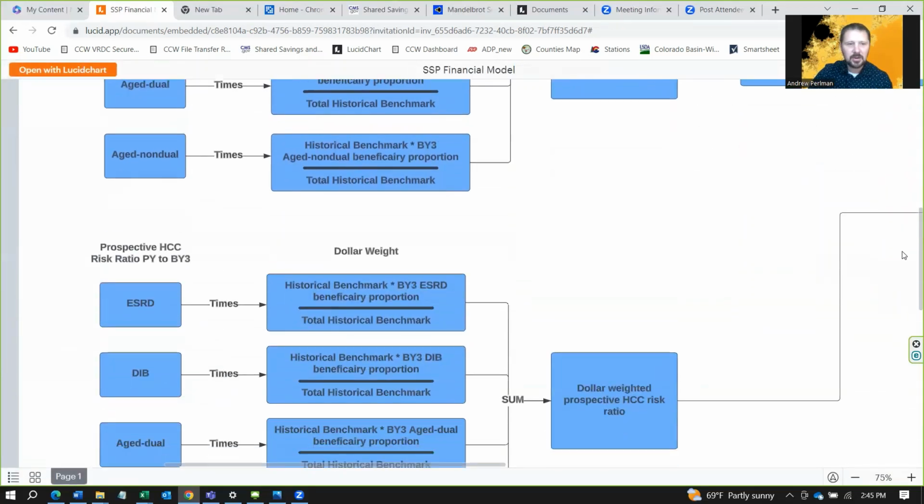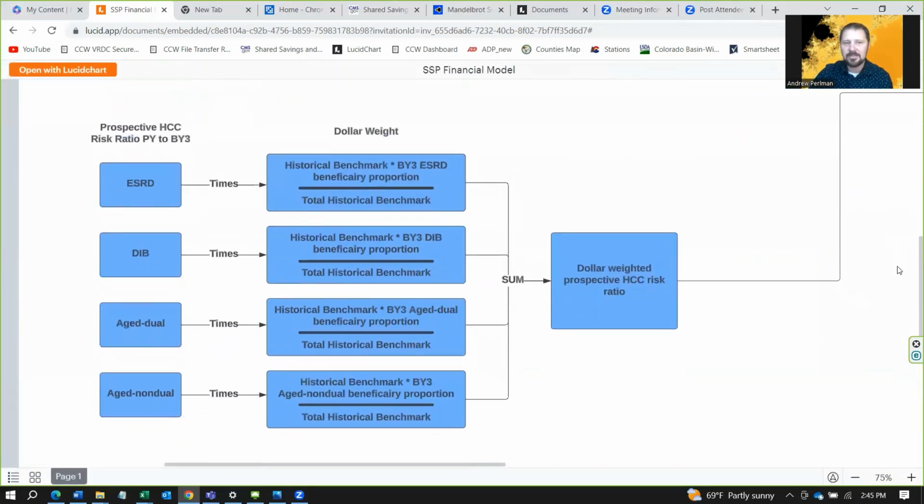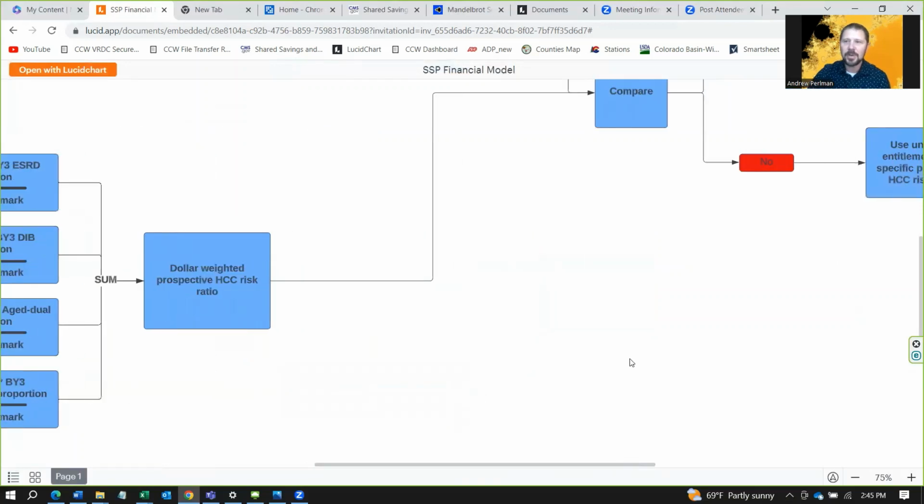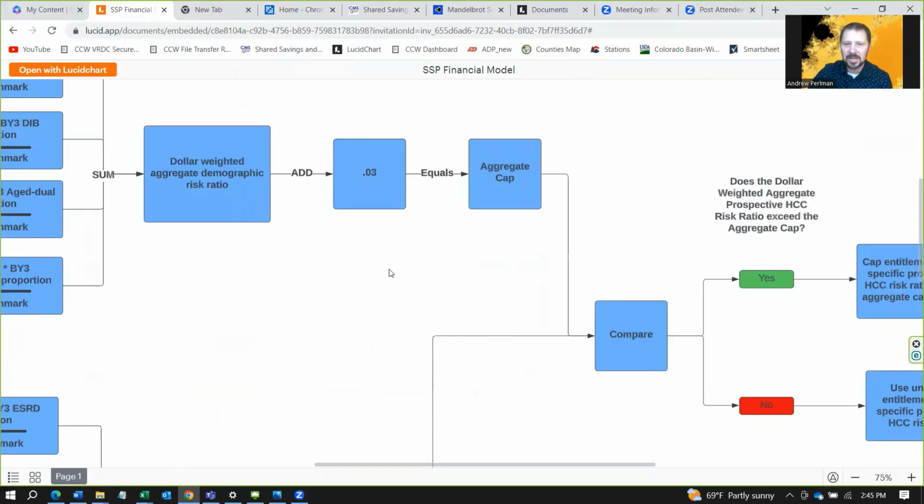Then we come down here and do the exact same thing for the actual HCC. We figure out your HCC growth using the exact same method: we take that risk ratio, multiply it by the dollar weighted amount for each entitlement group, and sum that up. Now we have how much your HCC scoring grew outside of demographics. We compare those.